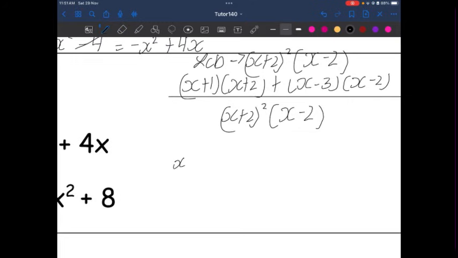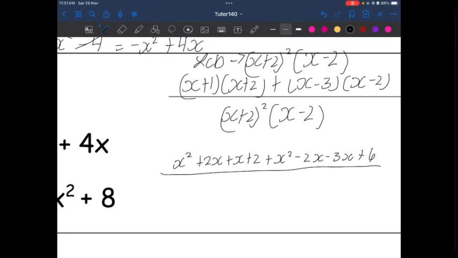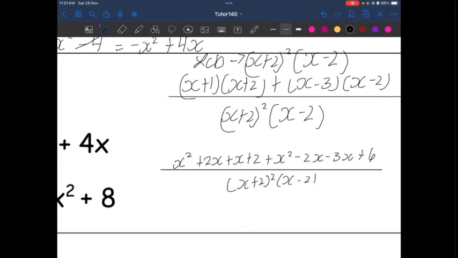So this is x squared plus 2x plus x plus 2, and then same thing over here: plus x squared minus 2x minus 3x plus 6, over (x plus 2) squared (x minus 2).